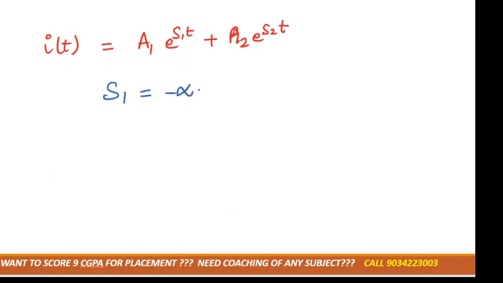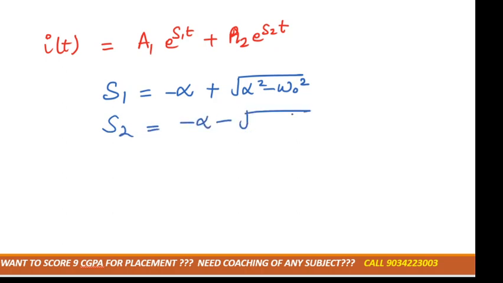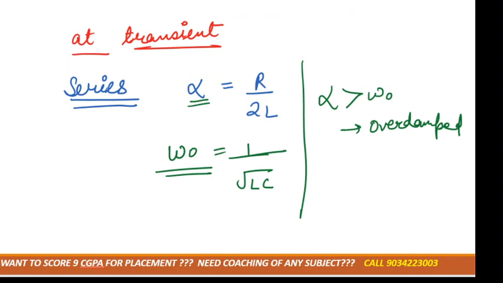S1 is minus alpha plus root of alpha square minus omega naught square. S2 is minus alpha minus root of alpha square minus omega naught square. After getting S1 and S2, we can write it down. Now see, what is the role of this? Do we know the value of R here?